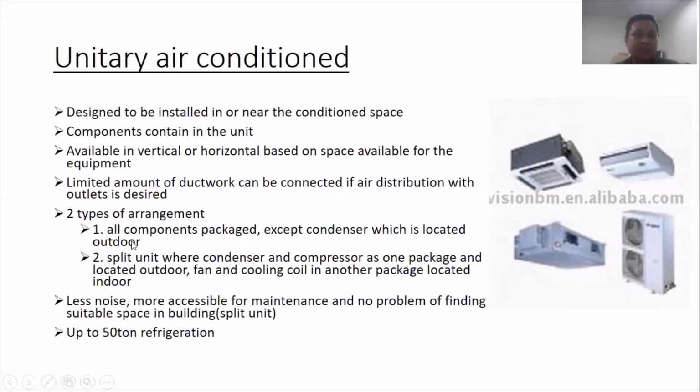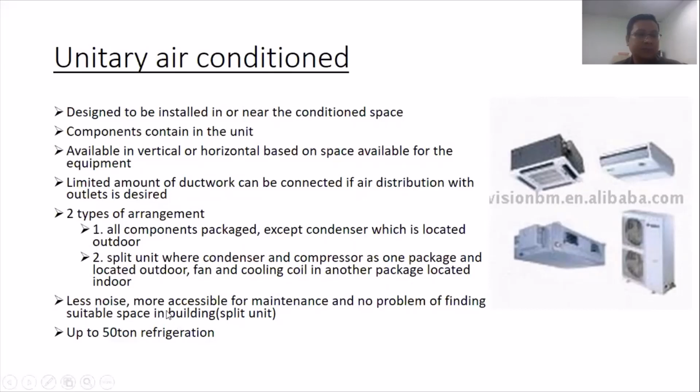There are 2 types of arrangement. The first one is all components packaged except the condenser, which is located outdoor. The second one is the split unit, where the condenser and compressor are in one package located outdoor, and the fan and cooling coil are in another package located indoor. So in this case, it's separated into outdoor and indoor packages.